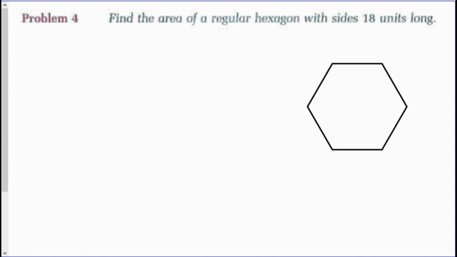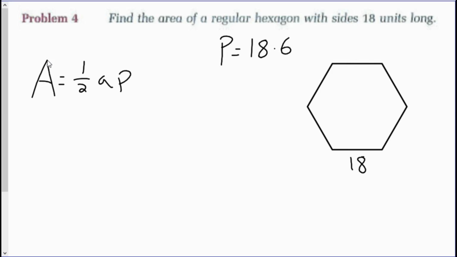Number 4, find the area of a regular hexagon with sides 18 units long. So I want to use my formula area equals 1/2 apothem times perimeter. So I need to find my apothem and my perimeter. Well, I know my side length is 18, so my perimeter would be 18 times 6, which would be equal to 108.